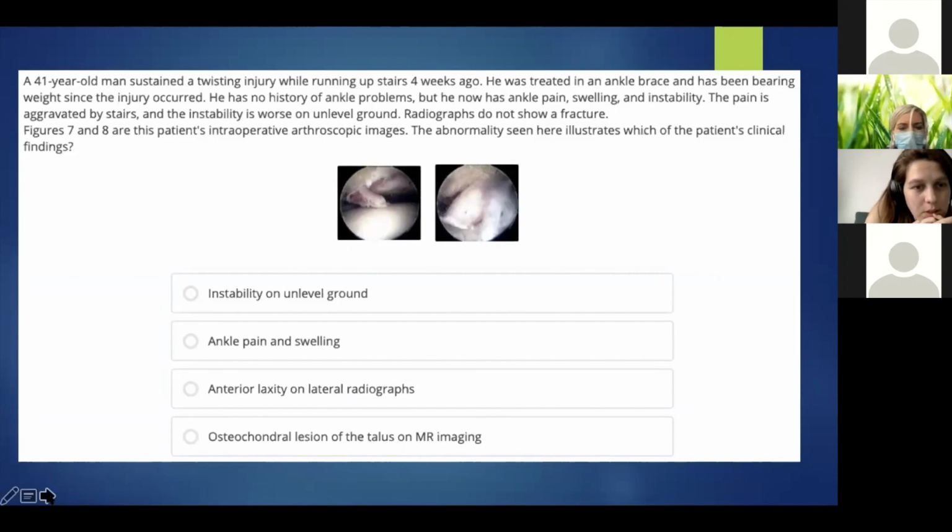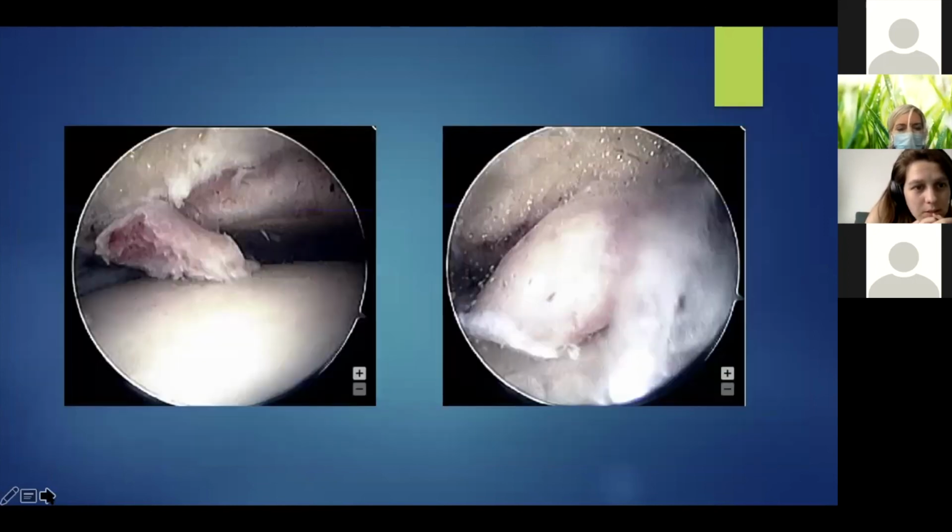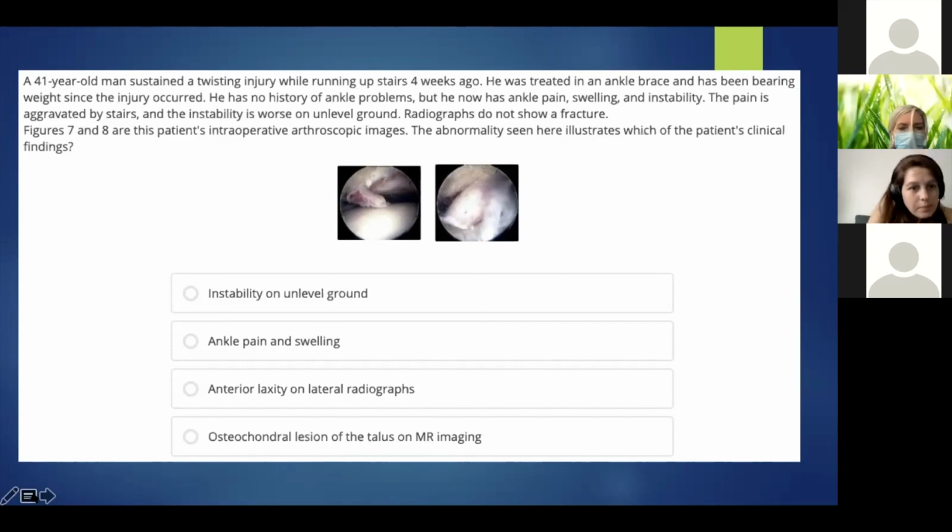So it looks like we're looking at... What do you think that looks like? That looks like an OCD to me, like an unstable OCD. Where's it coming from, do you think? The talar dome looks intact. It actually looks like it is potentially from the tibia. So it's not D. We think it's tibial, not talar.